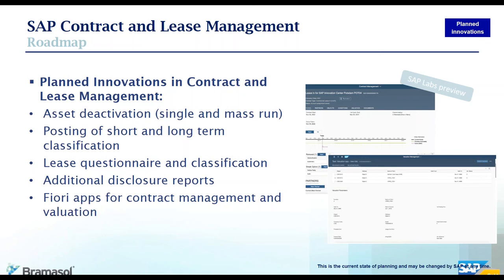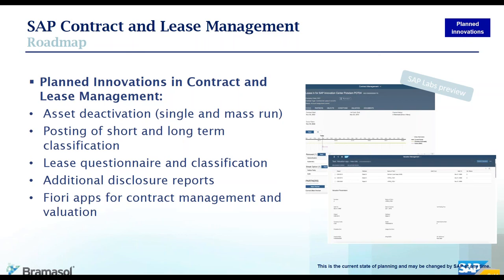The big one out there is the lease questionnaire and classification. So obviously for US GAAP and for IFRS as well, there's a process that you go through to determine whether or not the evaluation should even occur. If it does, what type of lease is it under US GAAP? So you have your questionnaire that you run through, as you know, with how much of the life of the asset are you using, what value lease, are you going to assume a certain percentage of the market value of the asset, et cetera.